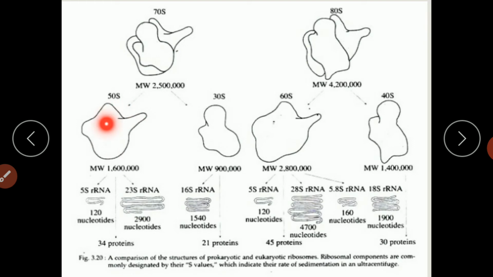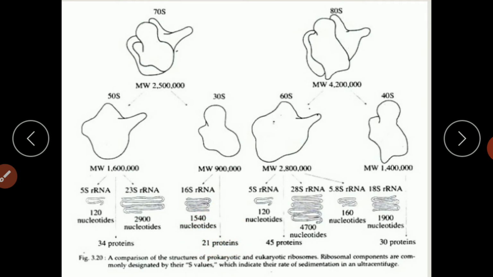So together these 5S ribosomal RNA, 23S ribosomal RNA, and 34 proteins constitute the 50S ribosomal subunit. Like that, the 30S smaller subunit of the 70S ribosome contains the 16S ribosomal RNA, which contains 1540 nucleotides, and it also contains 21 proteins.